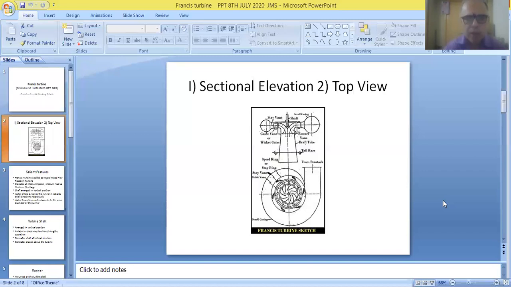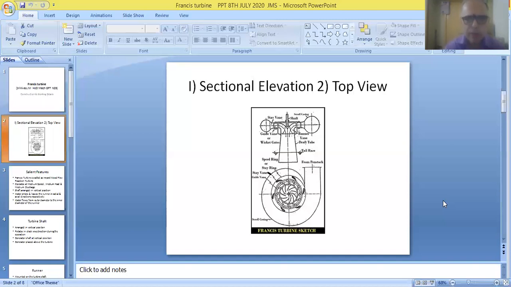So the area of draft tube is gradually increasing in the direction of flow of water. Similarly, it's also held in straight, vertical position. So therefore, it is called a straight, vertical, divergent draft tube.